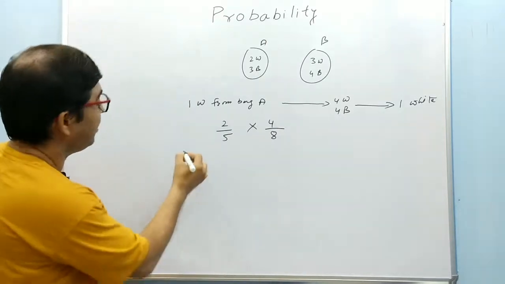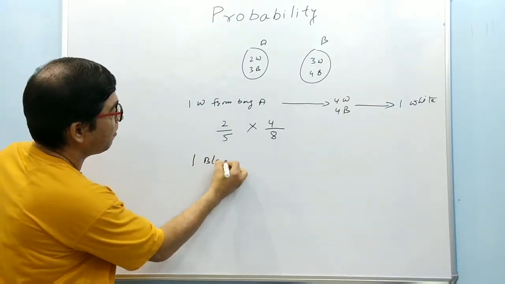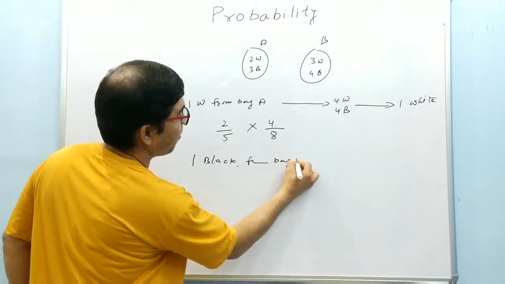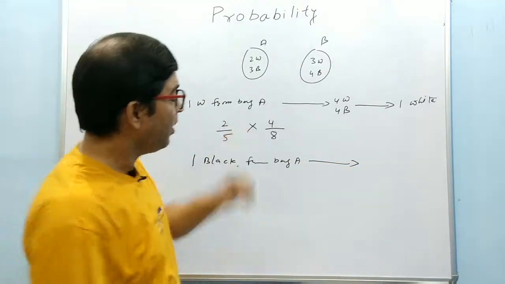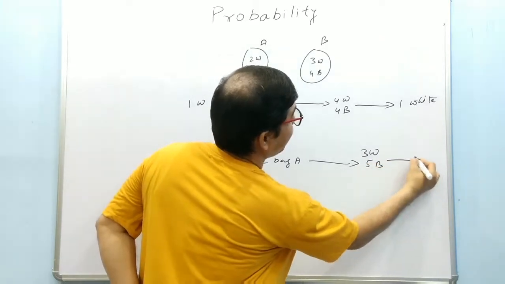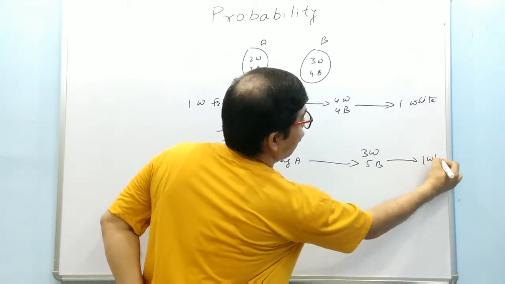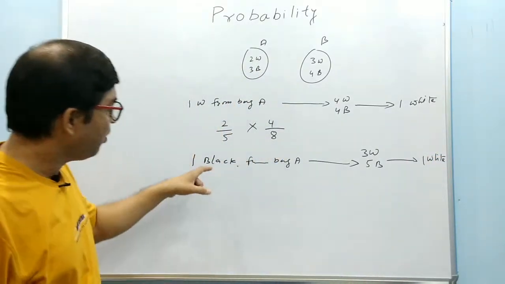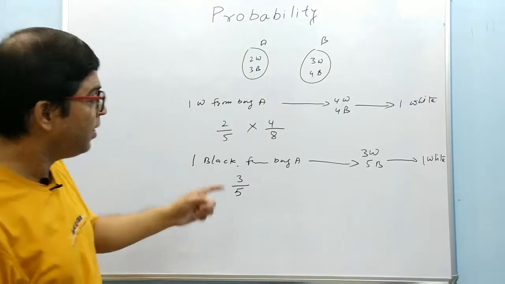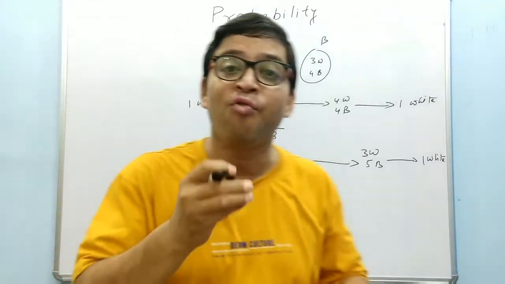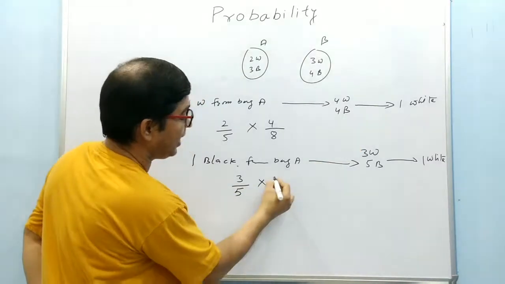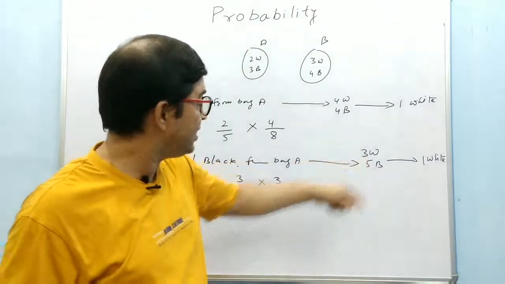Case 2 can be that one black ball is transferred from bag A. What is the combination becoming here? White is remaining 3, but black are becoming 5. And we have to find the probability of drawing one white ball. See here, one black can be selected in 3 by 5 ways. Now I have to draw a white ball from the second bag. It can be done in 3 by 8 ways, as 3 white are there and total is 8.